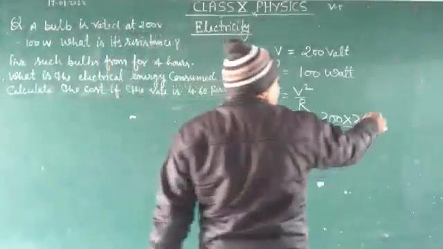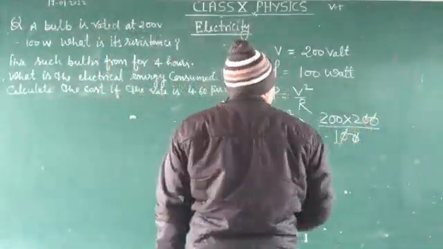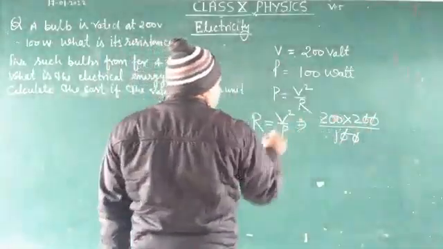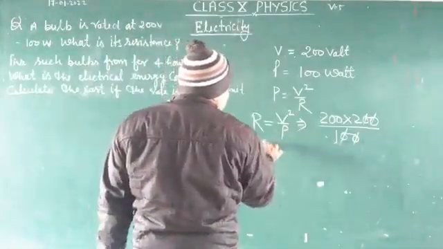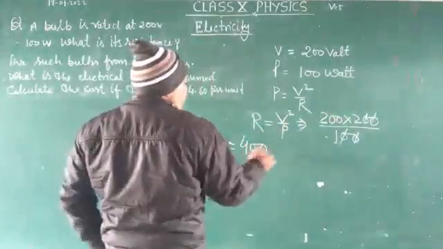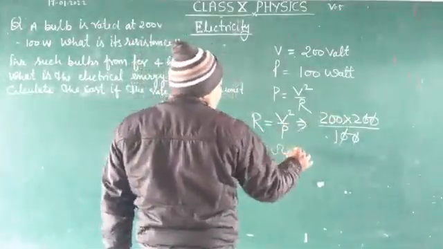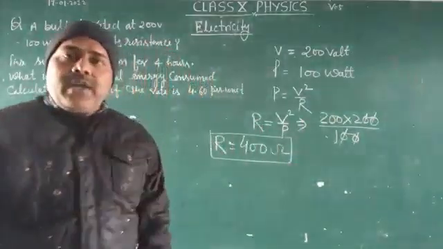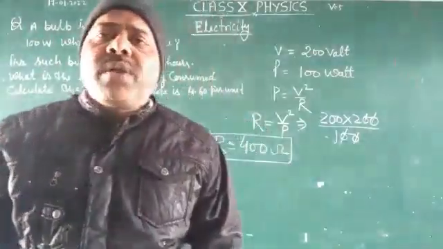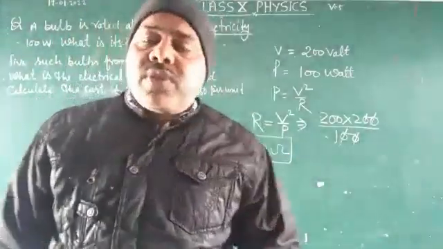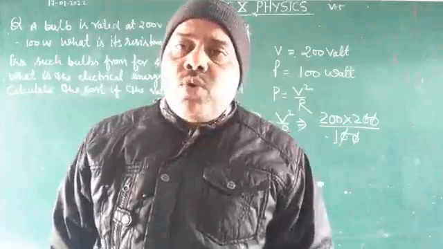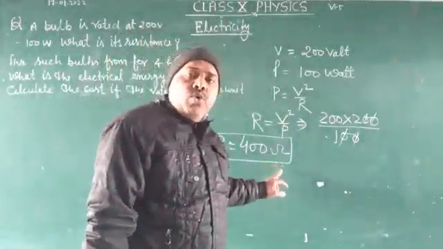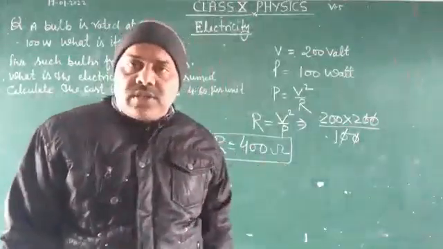Now this zero is cancelled out, this is also cancelled out, and so the resistance is 2 times 200, which is 400 ohm. Ohm is the SI unit of resistance, and we represent ohm by omega, the Greek letter by which we denote ohm.